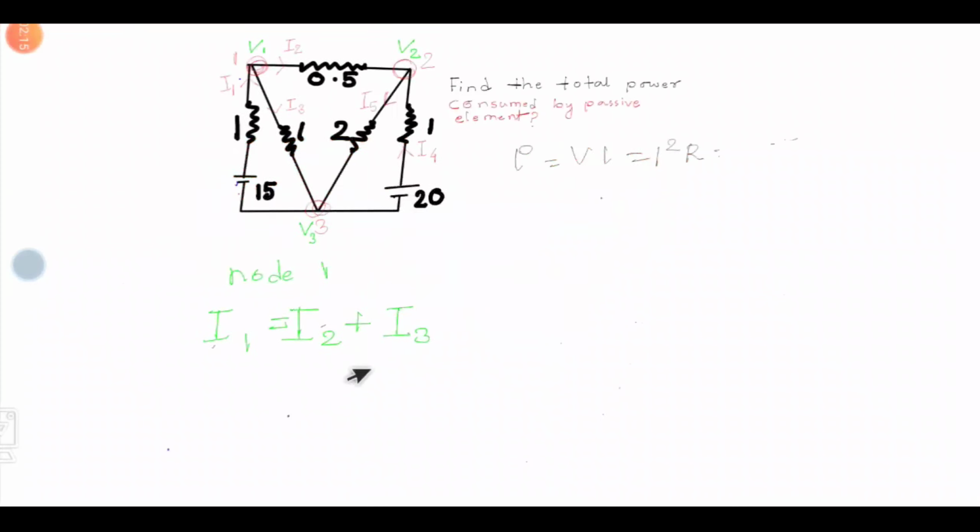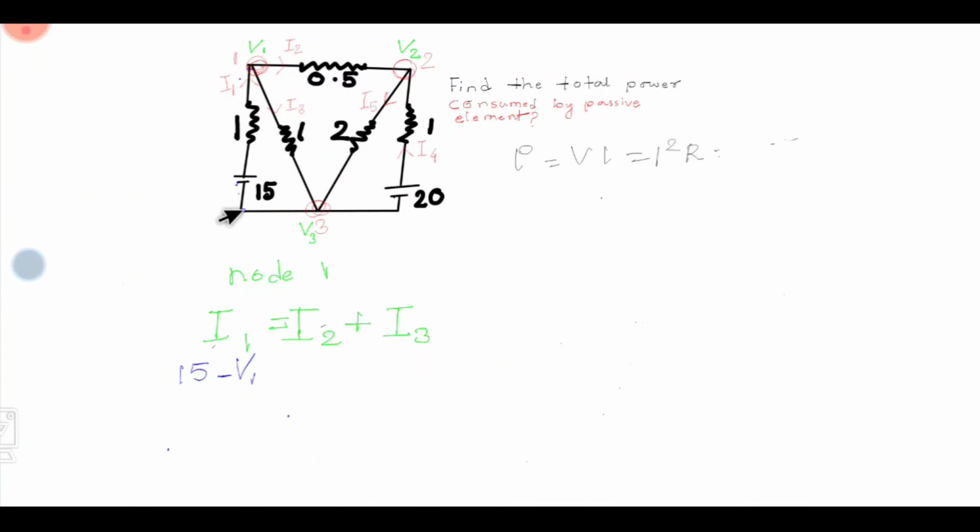Now we will find the current I1 using this process. At this point the voltage is 15, and at the other point it is V1, as the current is going from 15 to V1.